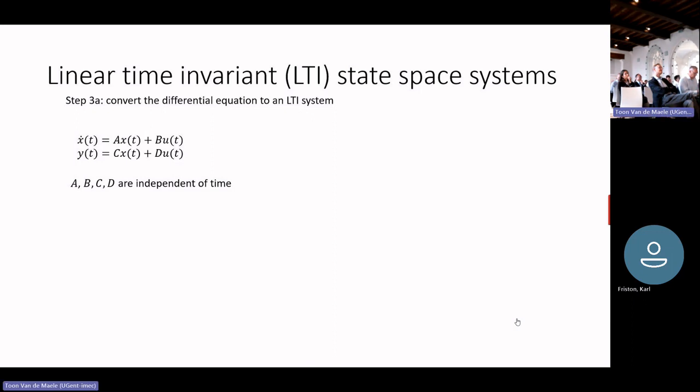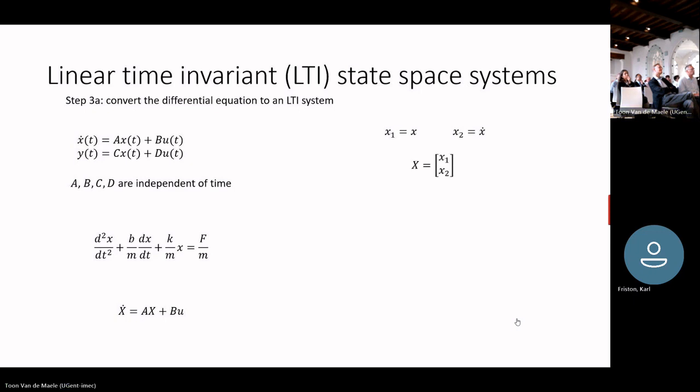So now we'll see how we do this. Previously we had a differential equation, and now we are going to convert it into this form. So hold on for some more time with a little bit of math. What we are going to do is first write capital X, which is basically a collection of two things, x1 and x2, where we define x1 as x and x2 as x dot.